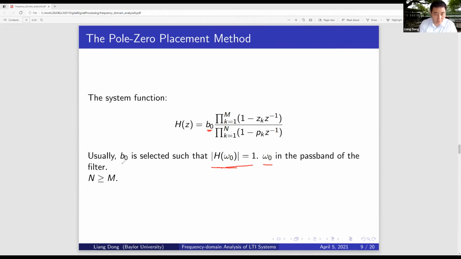That's how you choose the B naught. And suppose this is a proper rational function, so N is greater than or equal to M. The denominator has an order not less than the order of the numerator.